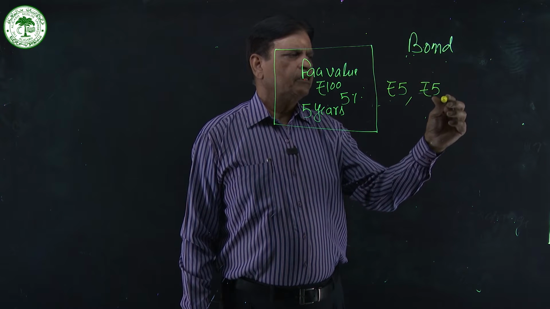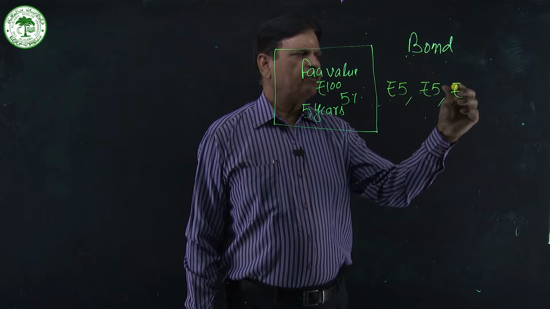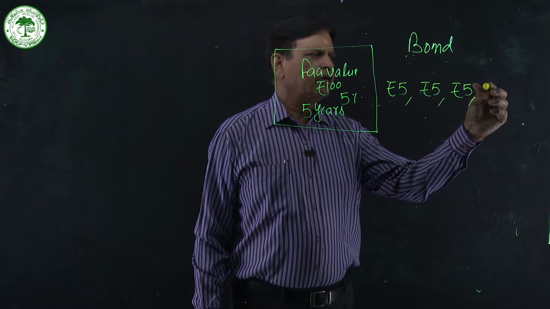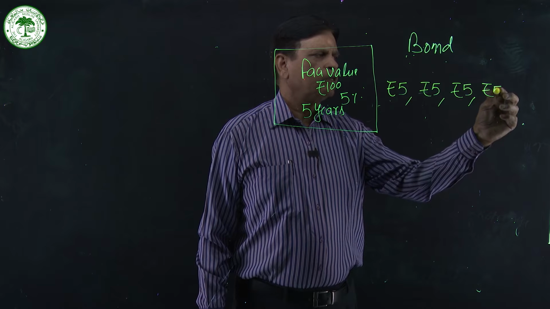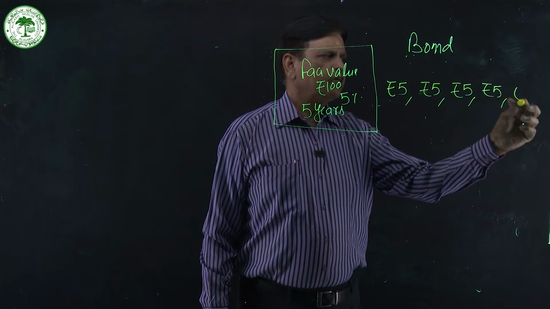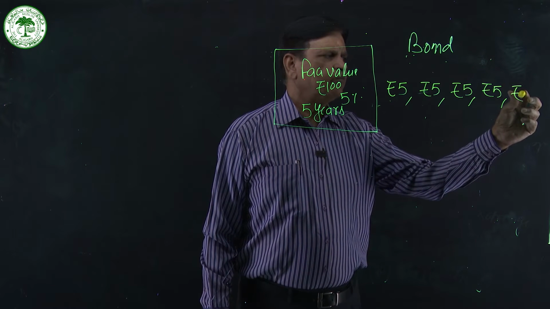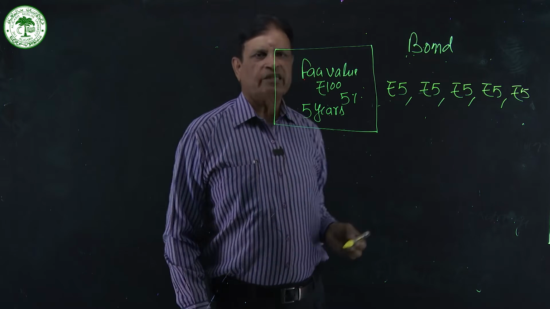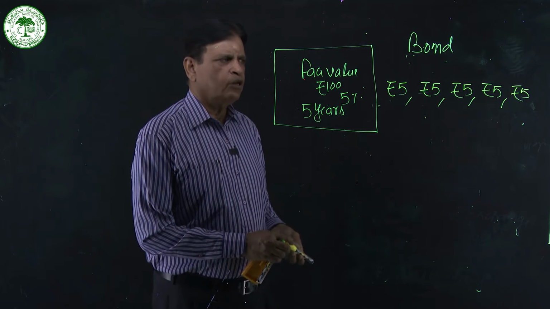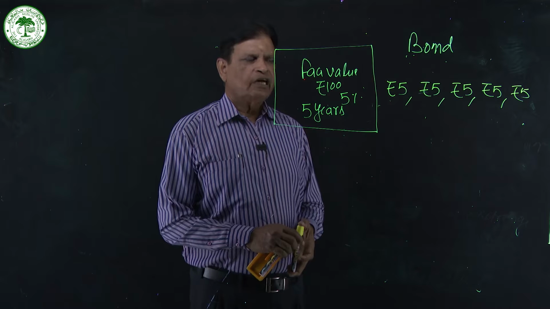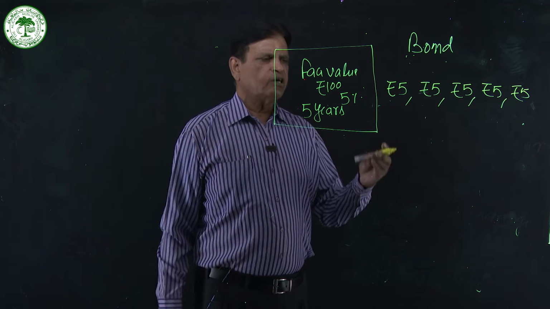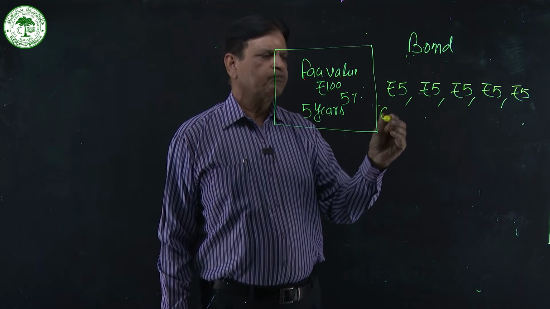After the third year again rupees 5, after the fourth year again rupees 5, and after the fifth year he will get rupees 5 plus the principal amount, that is rupees 100. So these rupees 5 that he will receive are called coupons.